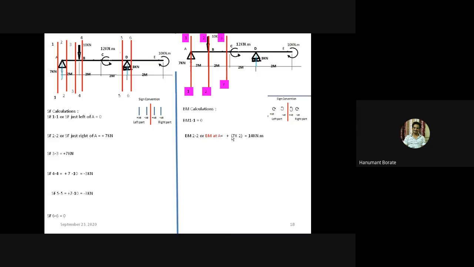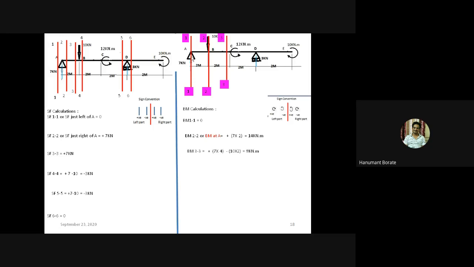Okay. Now take a section 3 just before the concentrated moment. Now divide the beam into two parts, left part and right part. Consider only the left part. Forget about the first two sections. Now do the calculation of bending moment at section 3. Now there are two forces. One 7 kilonewton, another is a 10 kilonewton force.